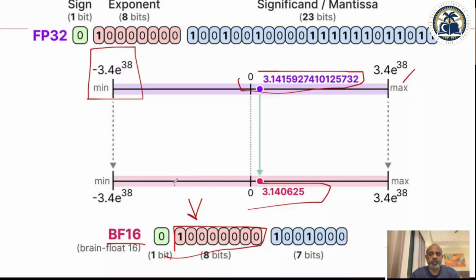Because of that, it covers the same kind of dynamic range as a 32-bit number, but you are losing some precision in the fractional part, which has 7 bits, plus 8 bits for the exponent and the sign bit. So many large language models use the BF16 format, instead of the IEEE floating point format, with more bits in the exponent.